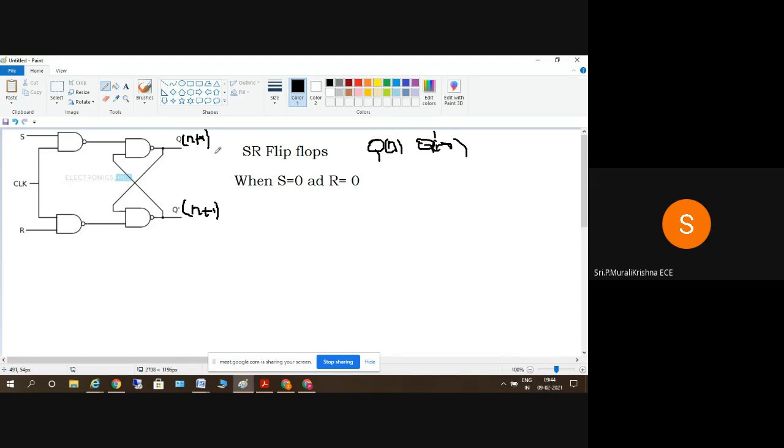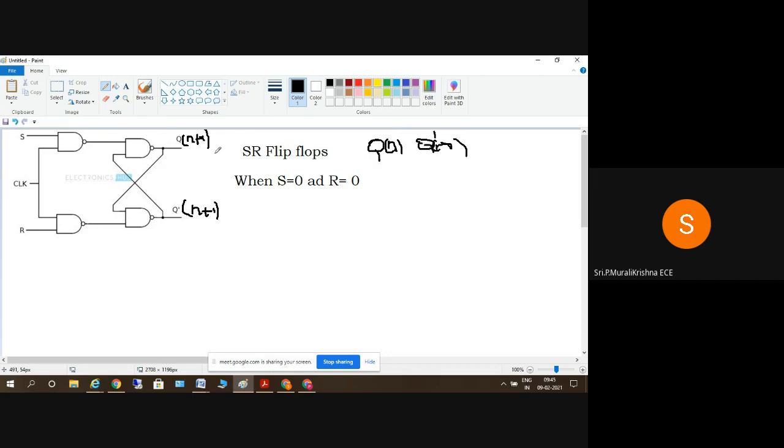Clear? Yes or no? Here Q of n plus 1 will be the next state. So how will we get the next state? On application of the input, we give the clock signal, and the present state will give the next state. So n plus 1 stands for the next state here. Understand this, because these concepts are very important.